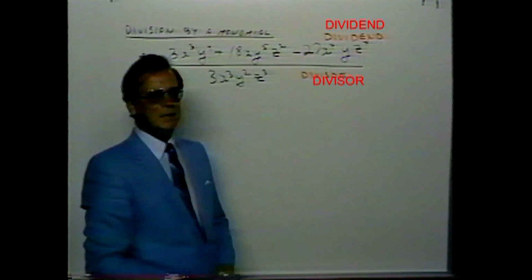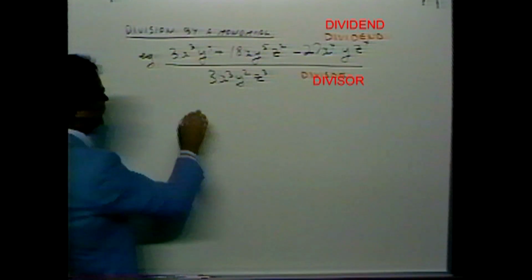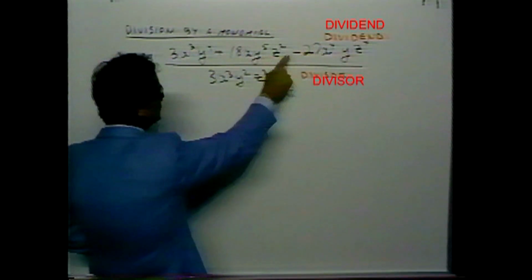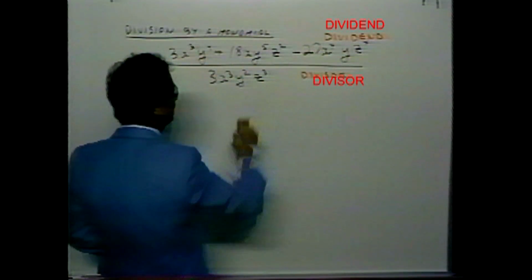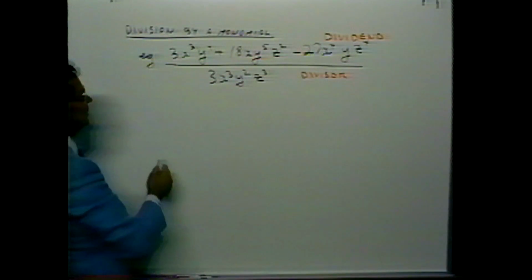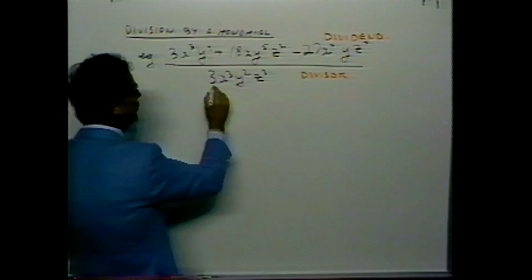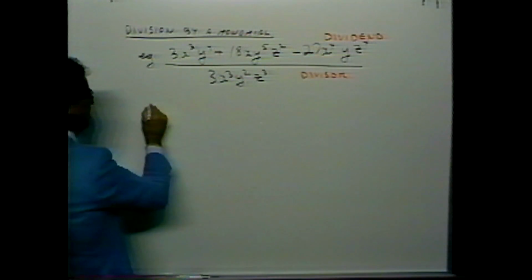The procedure is to separate each of these terms on top, and there are 3 of them, into single fractions with this divisor.